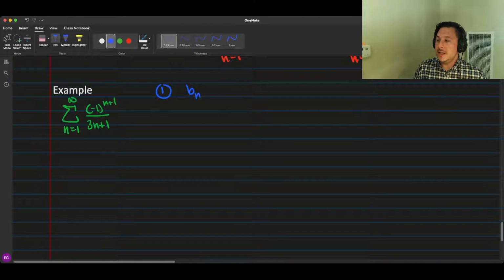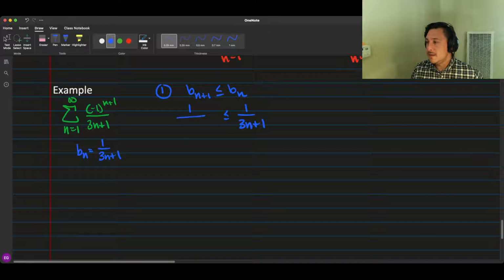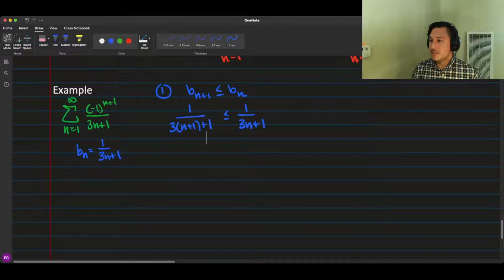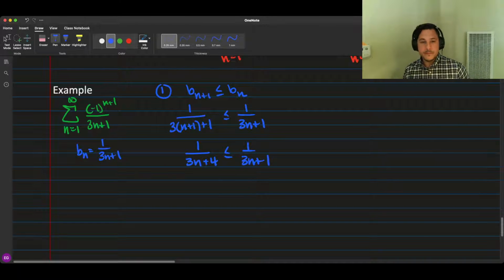We need b_(n+1) to be less than or equal to b_n. Remember, in this case b_n is the part without the (-1), so b_n is 1 over 3n+1. b_(n+1) means that you replace the n with n+1, so you get 3 times (n+1) plus 1, which is 1 over 3n+4.